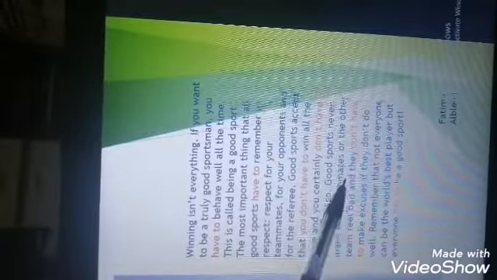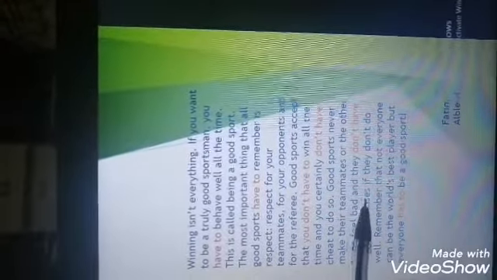Good sports never make their teammates or the other team feel bad, and they don't have to make excuses if they don't do well. Remember that not everyone can be the world's best player, but everyone has to be a good sport.